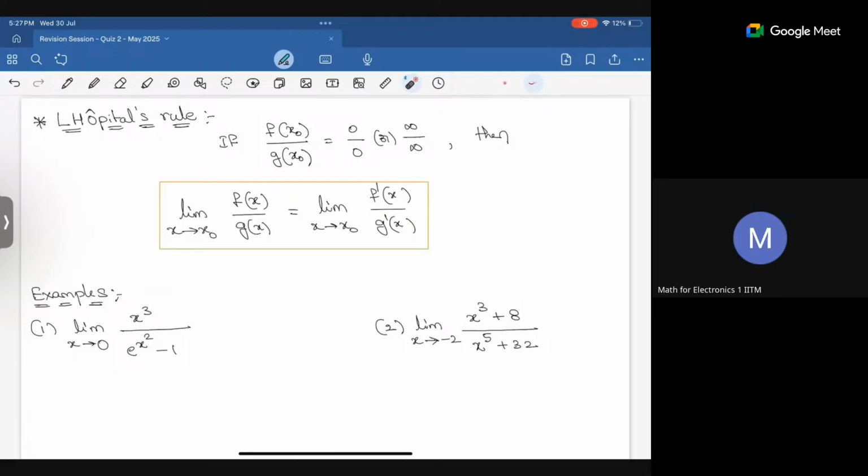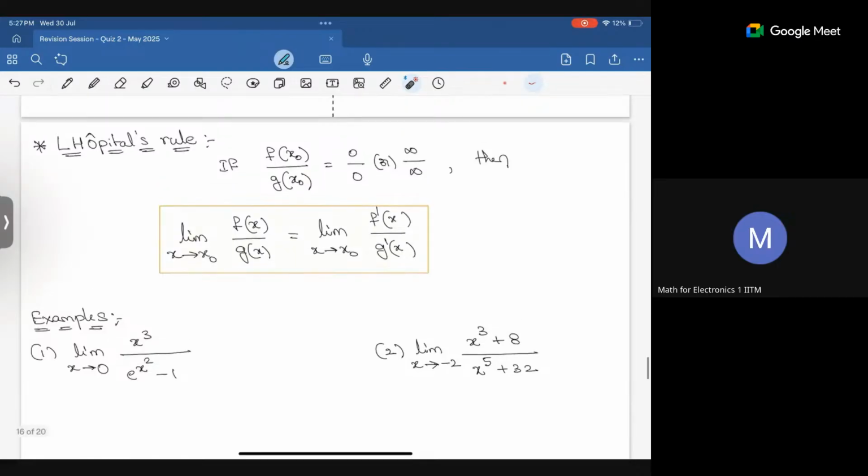These are all called indeterminate forms. You can't determine the value exactly. I hope all of you know this. These expressions are called indeterminate forms.